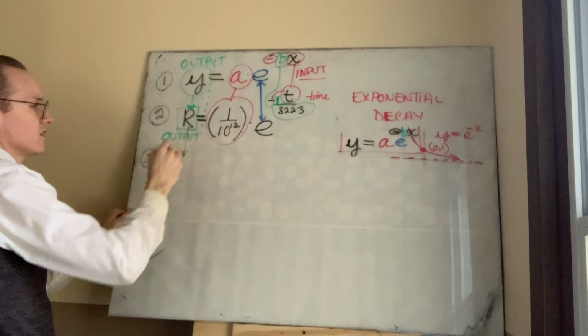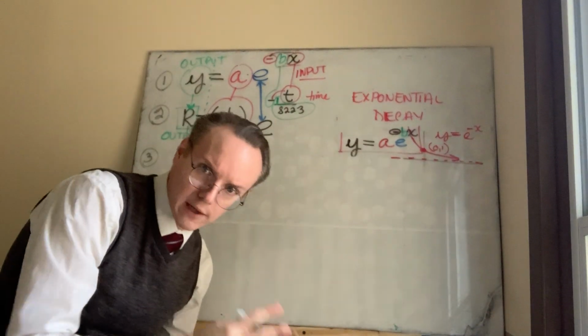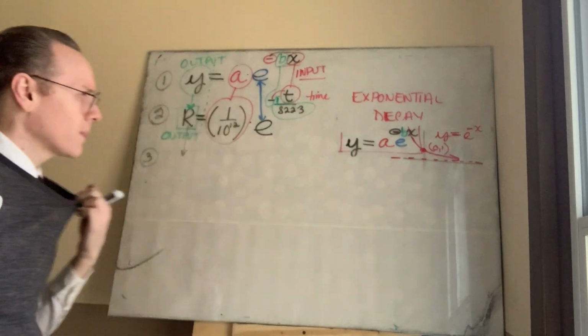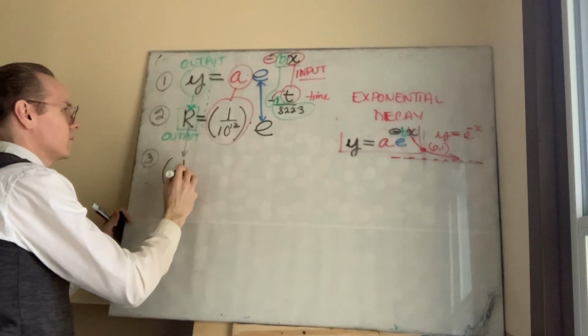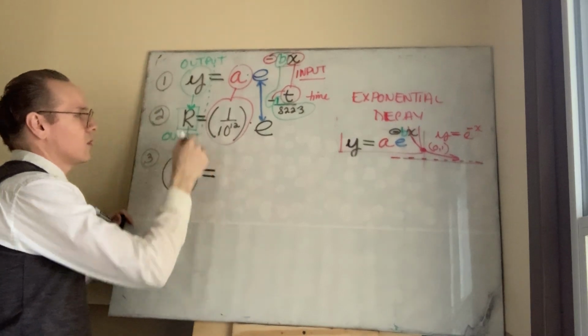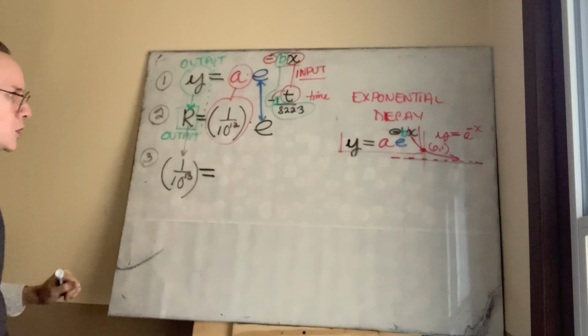That's what I'm going to basically put in here. The quoted value for the radioactive substance that this fossil is comprised of is 1 over 10 to the 13th power, right? That will go in place of r here. This substance has this ratio.